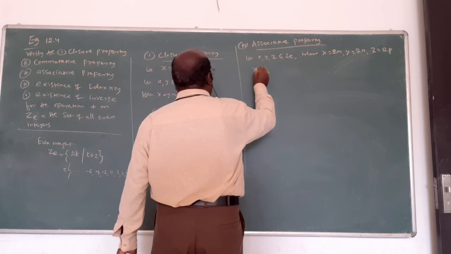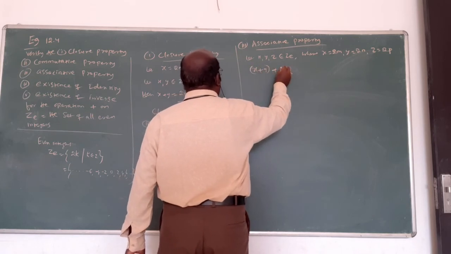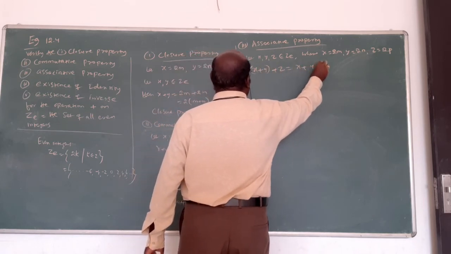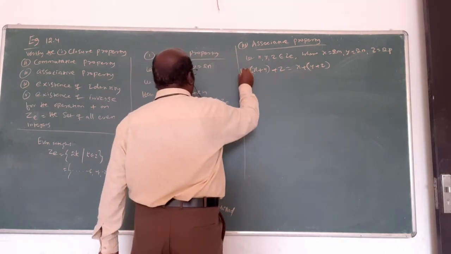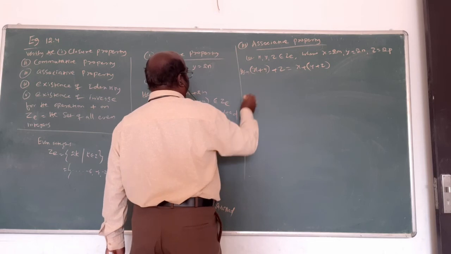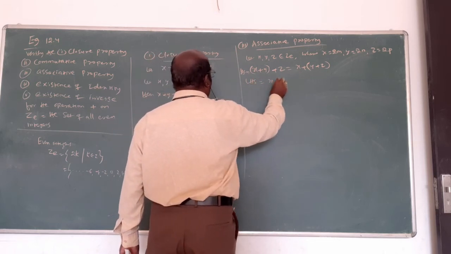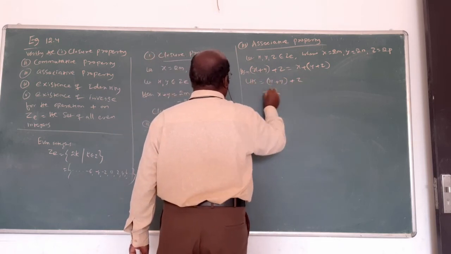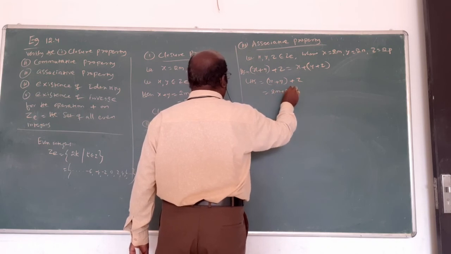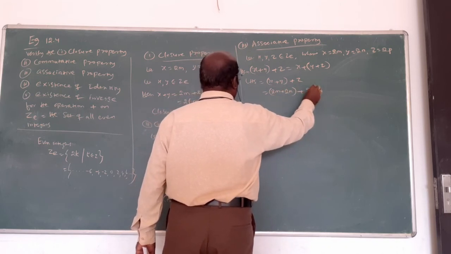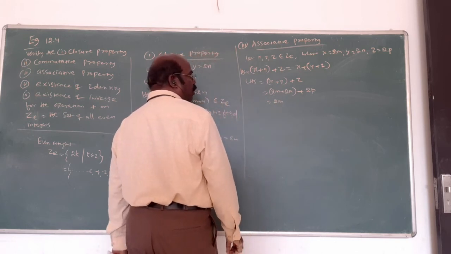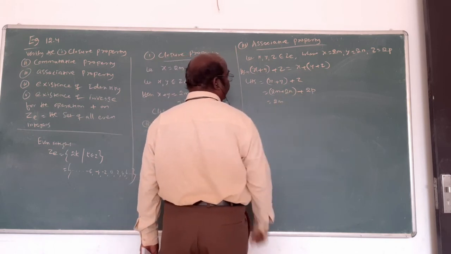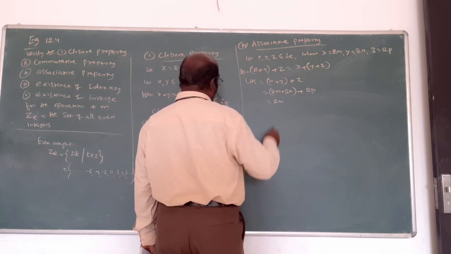Then (x plus y) plus z will be equal to x plus (y plus z). This is the formula for associative property. Start with LHS: (2m plus 2n) plus 2p. Now interchange the brackets.